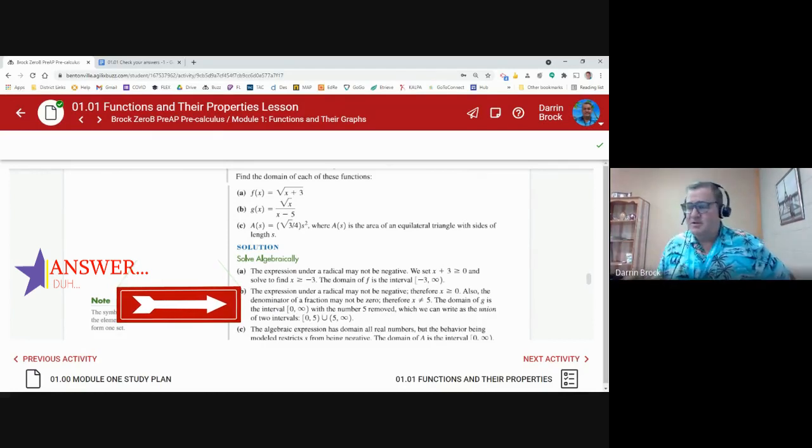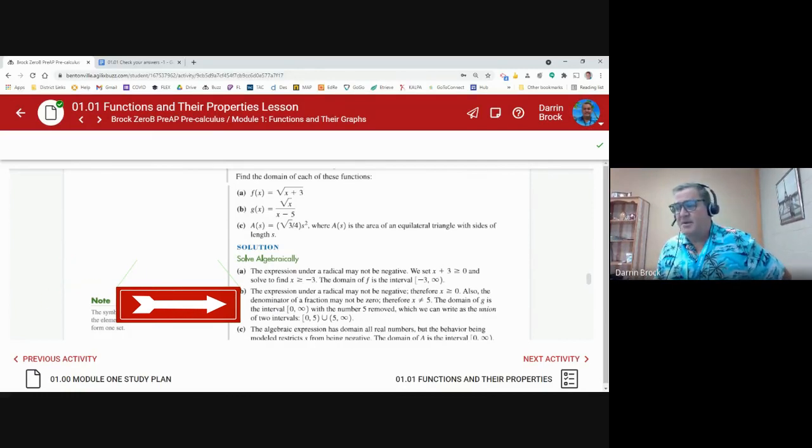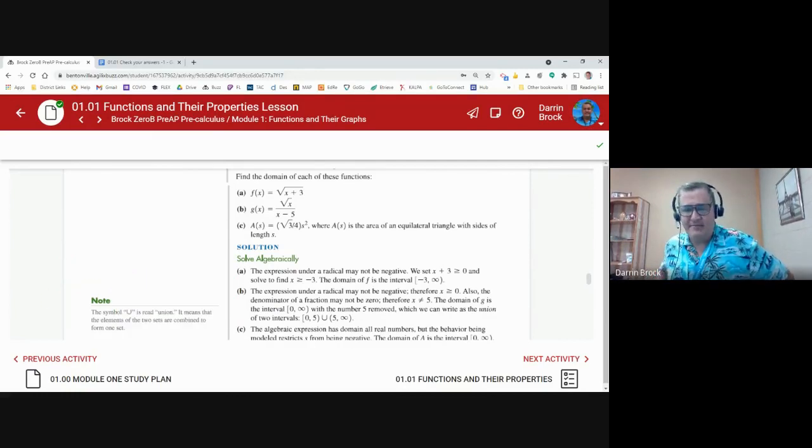But we also have on the bottom of the fraction x minus 5, which means x can be 0 to infinity, except for 5 cannot be in the domain, because 5 minus 5 would make 0 in the denominator, and we cannot divide by 0. So that domain gets a little trickier.